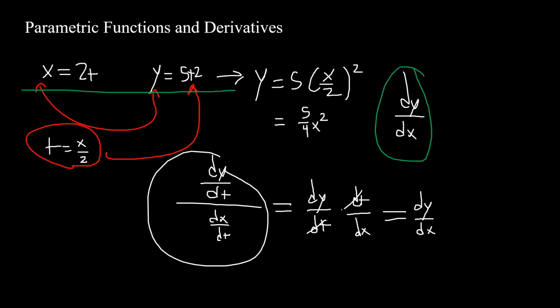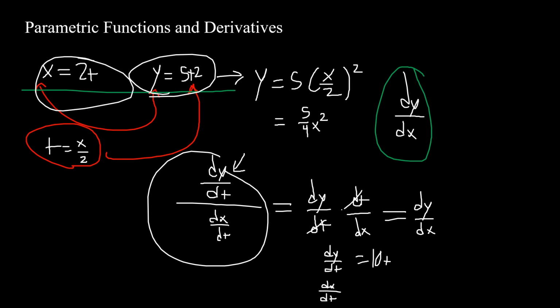Okay, great. So what is dy dt? dy dt would be 10t, whereas dx dt, as you can see over here, is just 2.